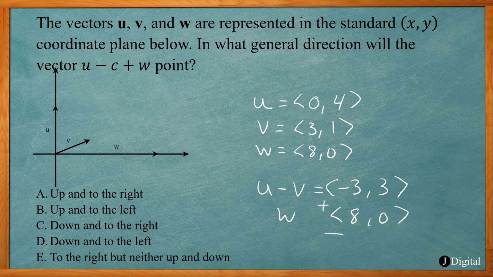So negative 3 plus 8 is 5. And 3 plus 0 is 3. So basically the result would be 5 over and 3 up. So I'm going to say it's somewhere like that. So our vector will be up and to the right.